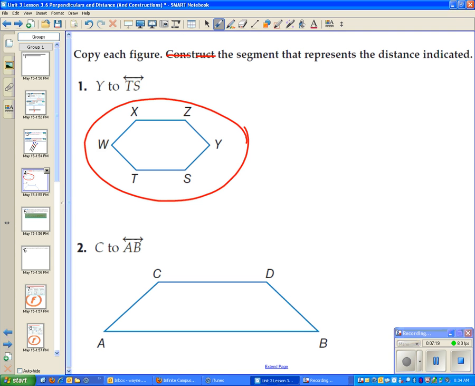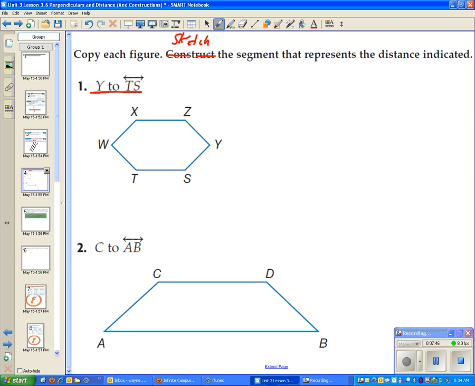I'm going to change that to sketch the segment that represents the distance indicated. All right, for number one, we're supposed to have the distance from point Y to line TS. Okay? What kind of a segment represents distance from a point to a line?